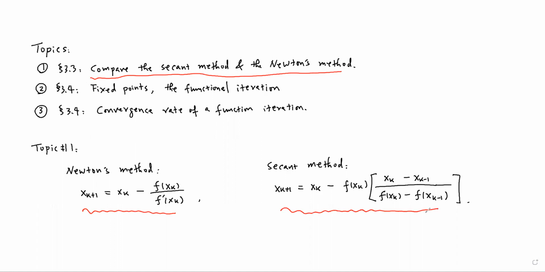A big difference between these two methods is one is a practical method, the other one is non-practical. But today, I want to compare them only in terms of computational cost and in terms of convergence rate.